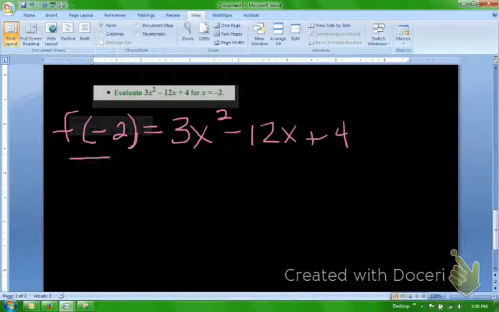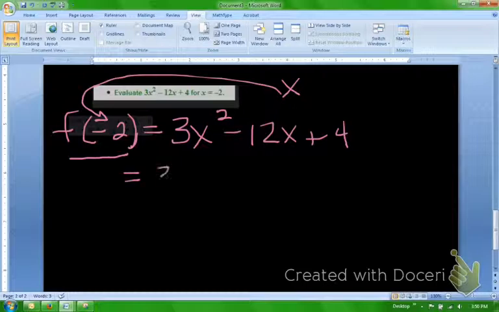When you see it written in this format, whatever is right here, your x value, is right there. So we're going to take our x, and everywhere there's an x, we're going to substitute -2.